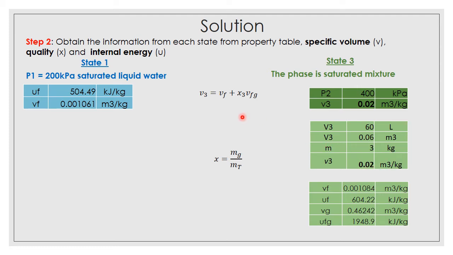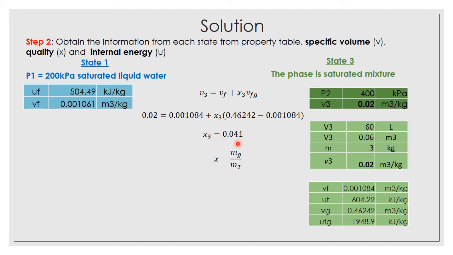Or we can write this information in this form: 0.02 equals vf plus x3, which is the quality at state 3, times vg minus vf, and we get x3 equal to 0.041.